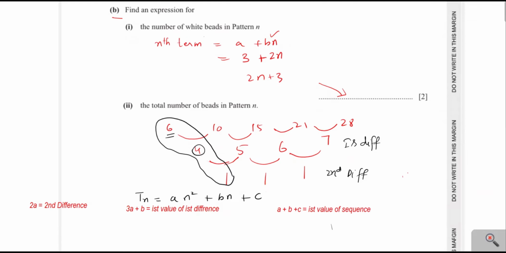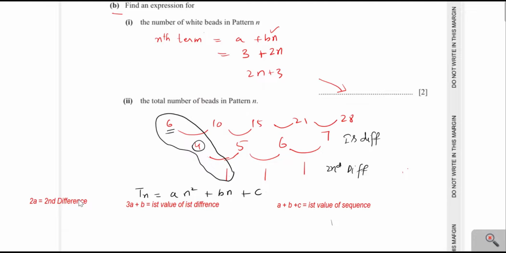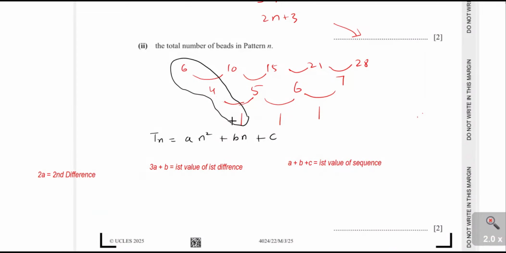We will substitute the values in these equations. The second difference here is 1. So we write 2a equal to 1, therefore a equal to 1 over 2. The next value b we can calculate by using the equation 3a plus b equal to the first value of the first difference.